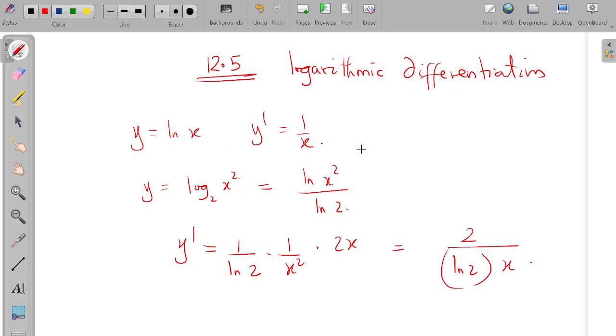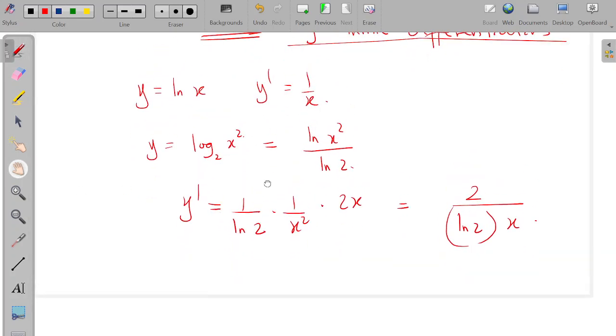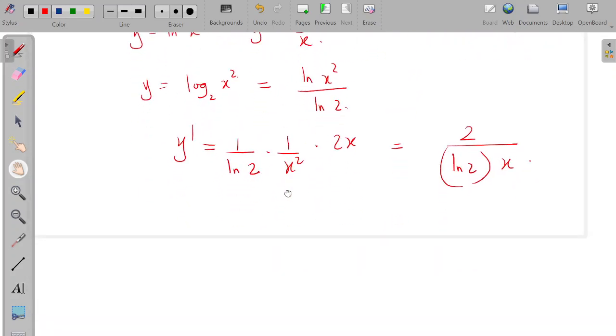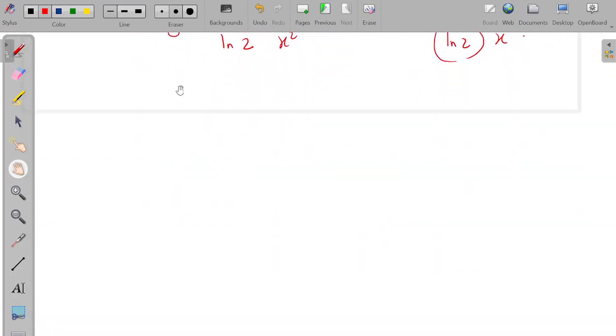Now here we are dealing with logarithm differentiation, where we first take the logarithm of both sides before we differentiate.